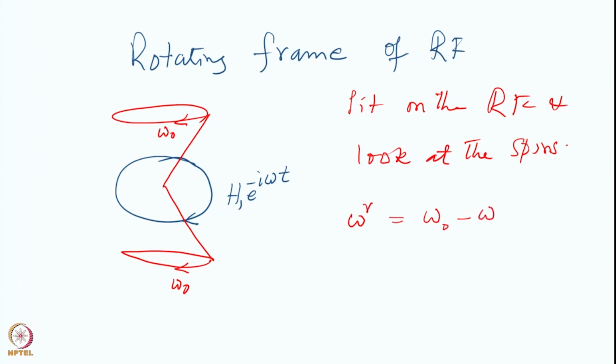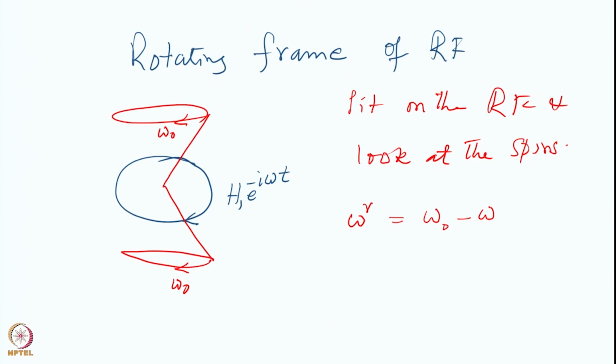right. So, it is like going in two different trains, one of them is going with one speed, the other one with another speed. So, it is the difference between the two speeds that we see. Similarly, if I sit on the RF and look at the spins, it will appear to me that the spins are moving with the frequency which is omega naught minus omega.